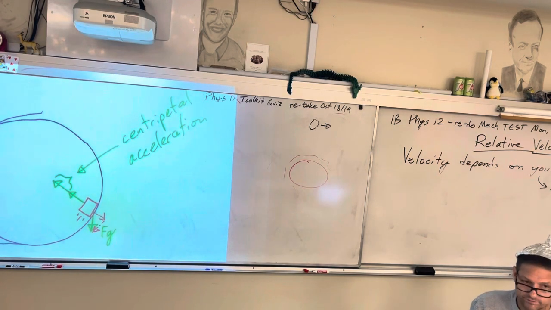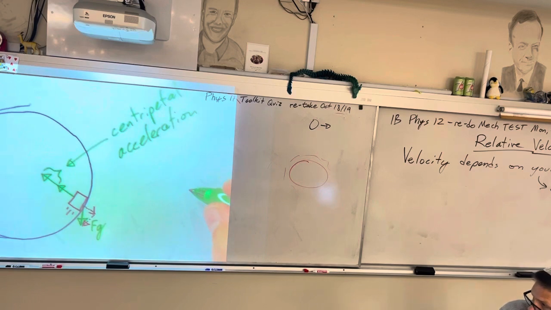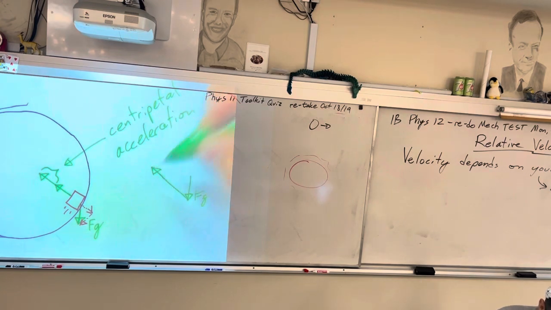Now, if we did a free body diagram of this and we added our vectors, we would say this is our FG. I'll try to draw it like similar size. And then if we added our centripetal motion here, FC, or we'll say FN, that's FN.